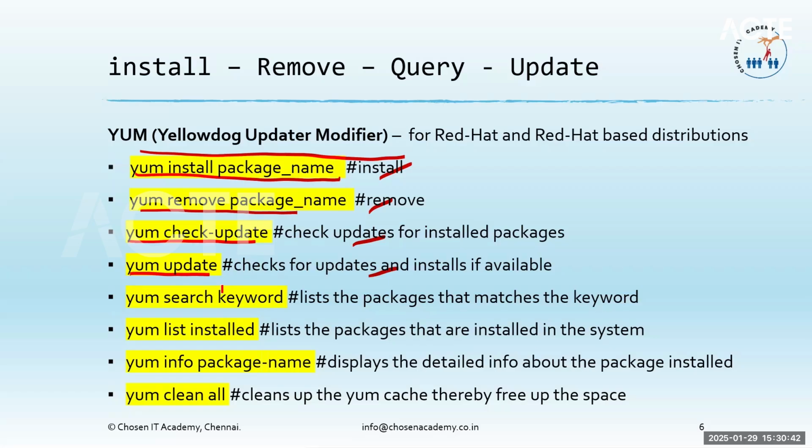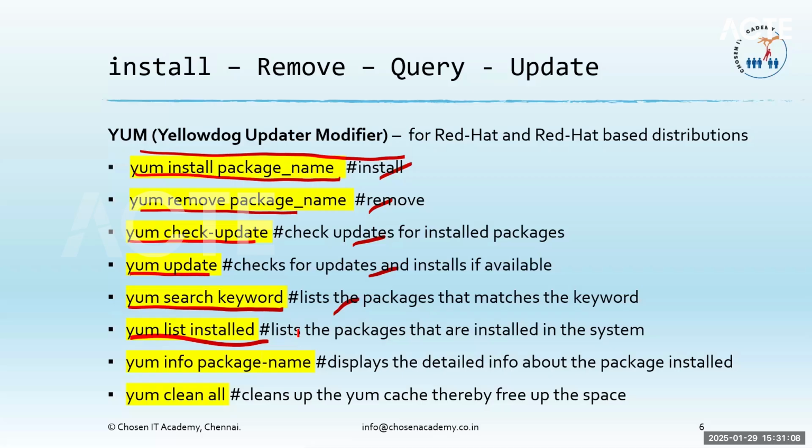And sometimes you want to know whether some package is available in the repository or not. You can use the command yum search and give the keyword. If you do not know the exact package name, you can just use the keyword here to check whether the package is available in any of the repositories. And yum list installed will list down all the packages that are installed in our system.